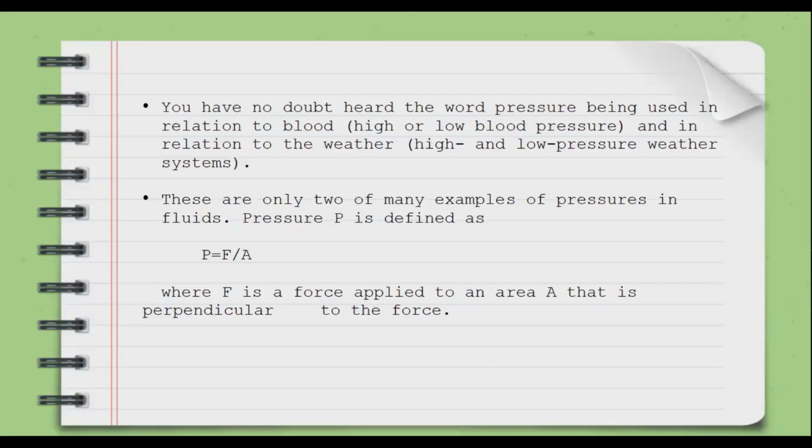These are only two of many examples of pressure in fluids. As defined again, P is equal to the force over the area, where F is a force applied to an area that is perpendicular to the force. This is the formula of pressure.